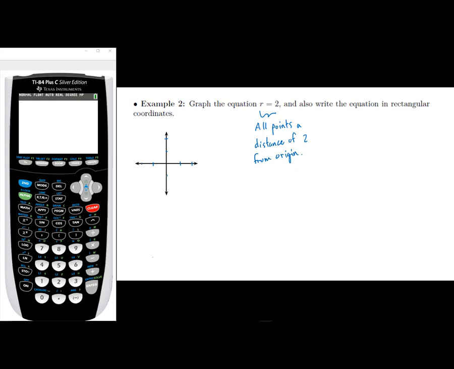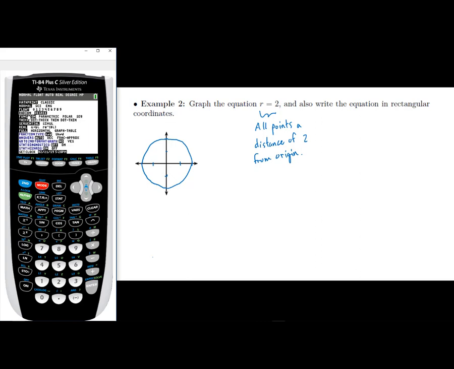So I can sketch that pretty easily. Or not so easily on the computer here. We can use our imagination and pretend this is a nice circle. But our equation r equals 2 just gives us a circle. Now I want to show how that works on a calculator. So first of all, we're going to go to mode. And in mode, there's a couple of things we want to do.